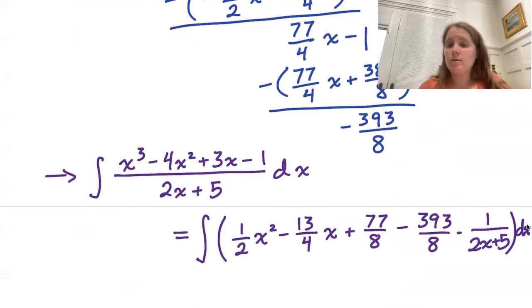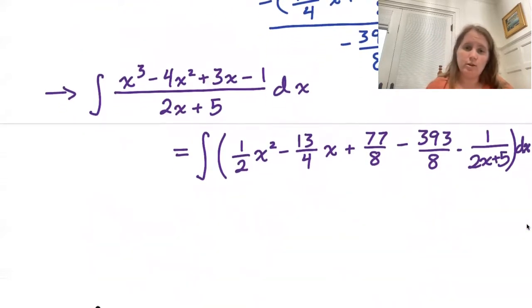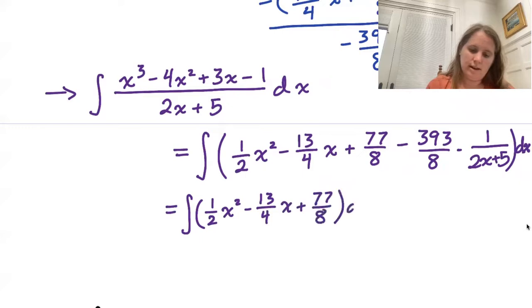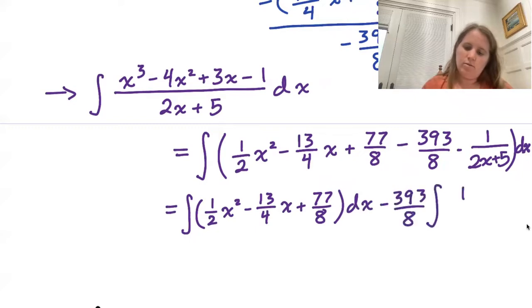So the first chunk of this integral is just basic integration using the power rule. So we can split this into two integrals. We have 1/2 x squared minus 13/4 x plus 77/8 dx. Then we are subtracting off 393/8 times the integral of 1/(2x plus 5) dx.